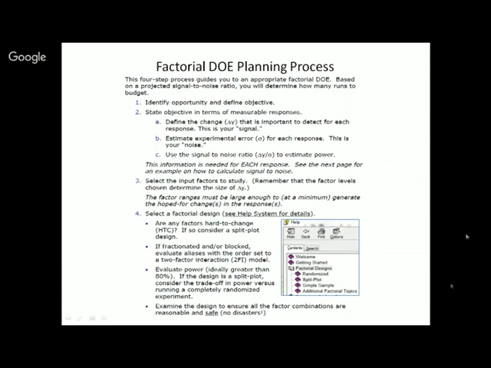Second is to define the change delta y which you want to detect, that is your signal. And then estimate the experimental error, that is sigma, known as noise. This signal to noise ratio is used to estimate the power of your experimental work. This is a very important step.